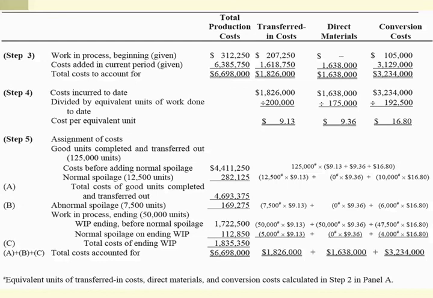Then total costs of ending work in process equals 1,722,500 plus 112,850 equals 1,835,350.